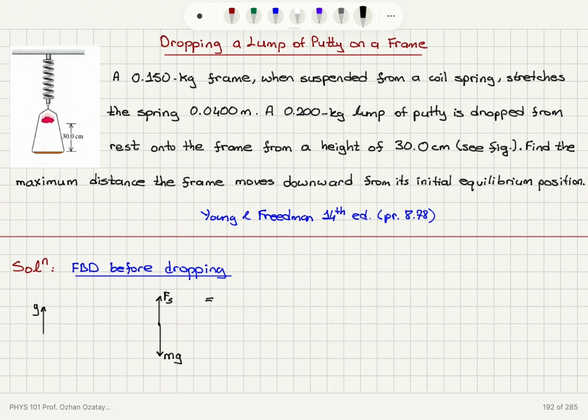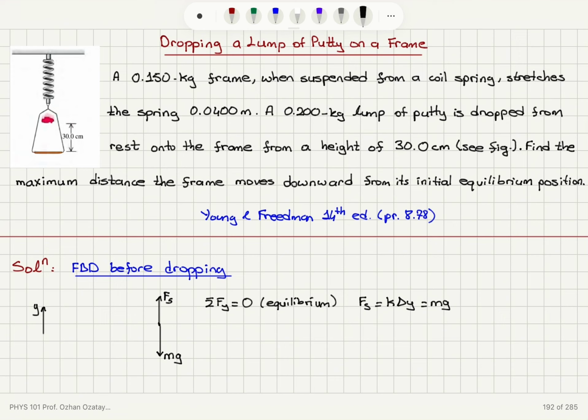And the net force on the y-axis is 0 because we have an equilibrium situation here. So the spring restoring force k times delta y magnitude will be equal to mg. So it will be balancing the weight of the frame.